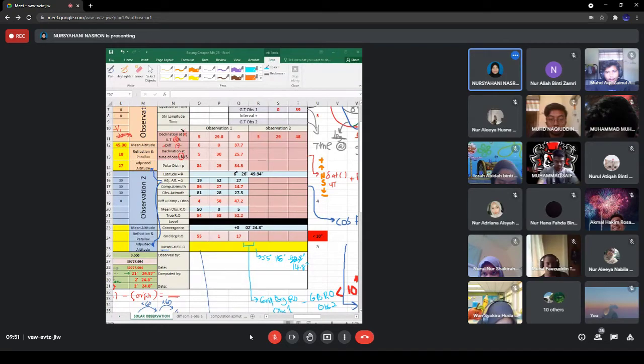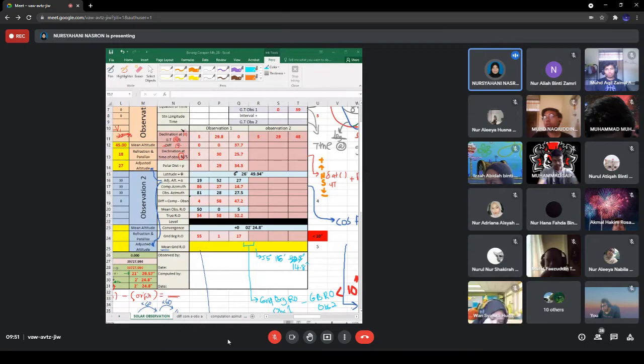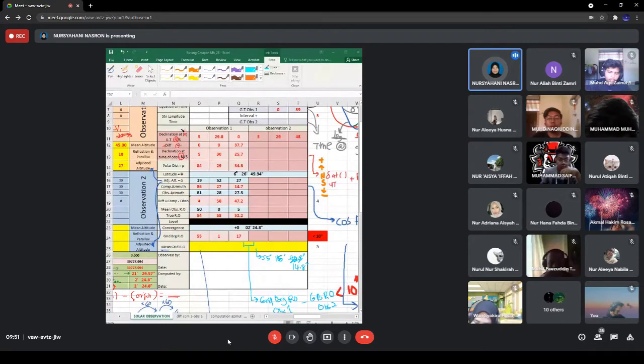Okay, so before we close our topic, this solar observation, I hope you achieve our lesson outcome. The objective for this topic: you should be able to practice the procedure of azimuth determination by solar observation. Ini saya dah cover waktu LP.